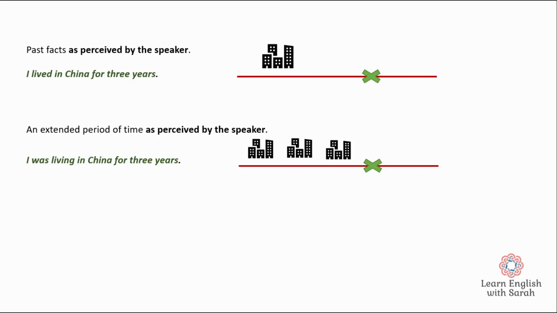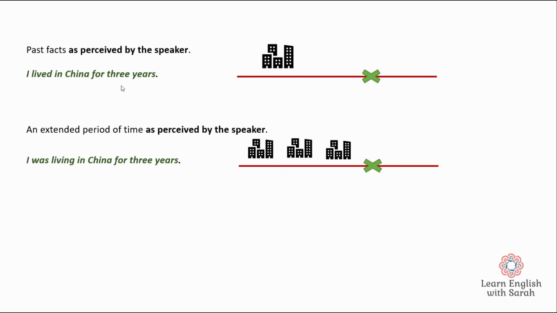Alright, and just finally then, just to make another little contrast, at the beginning of the PowerPoint I showed you this sentence. I lived in China for 3 years. Now if I say this sentence, in my mind, I see 3 years as one single finished event.